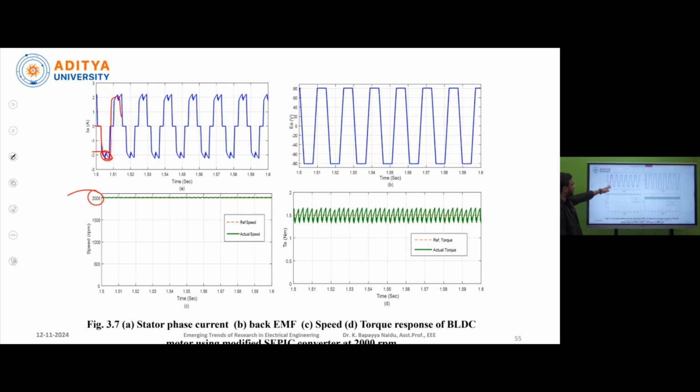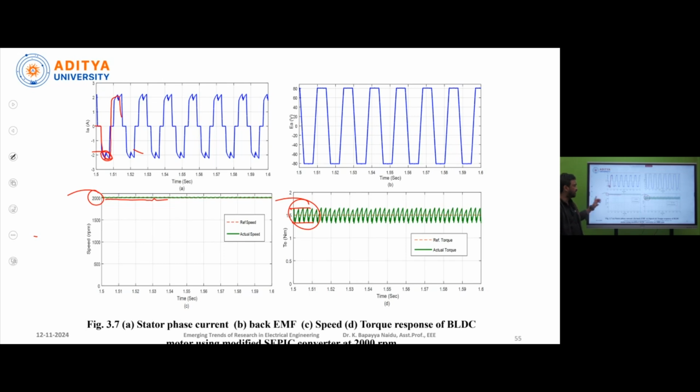It is also nearer to the square waveform. Another thing, if you observe the speed, we have obtained a smooth response compared to previous ones. And whenever the ripple in the stator current decreases, automatically the ripple in torque will also decrease.